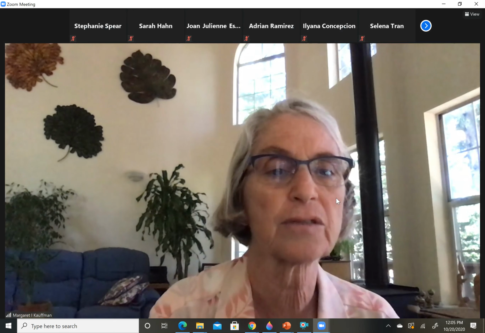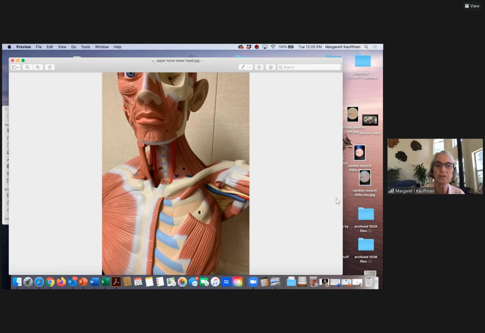Let me share the screen with this. The scalenes here are going to these upper ribs. You're seeing them just peeking underneath the clavicle there. And I'm sorry, it's a little off the normal setting, but this is the sternocleidomastoid, but it's missing from that side. I took it off when I took the picture.